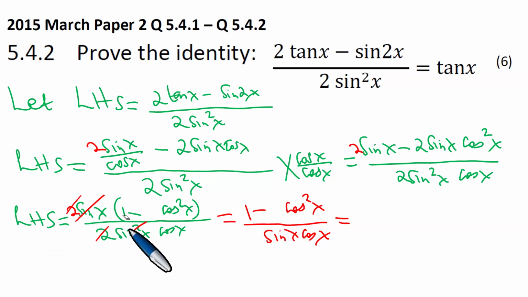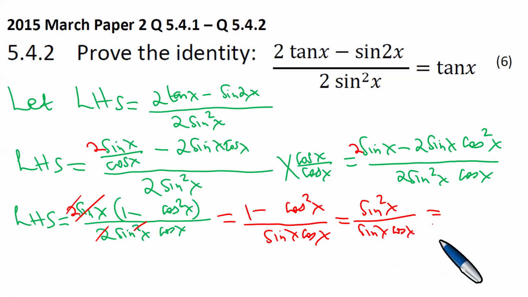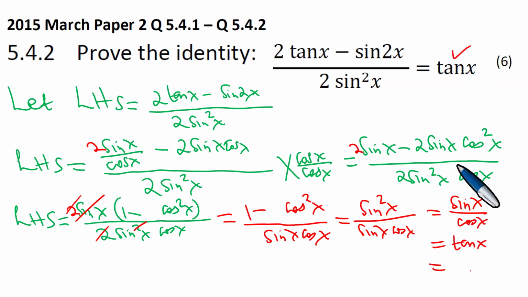And here you have 1 minus cos squared, which by the Pythagorean identity is sin squared x, divided by sin x cos x. Divide through by the sine and we have sin x divided by cos x. What is sine over cosine? It is tan x, and this tan x is actually the right-hand side. I'm sure this is pretty straightforward.